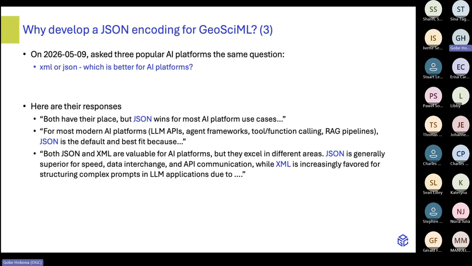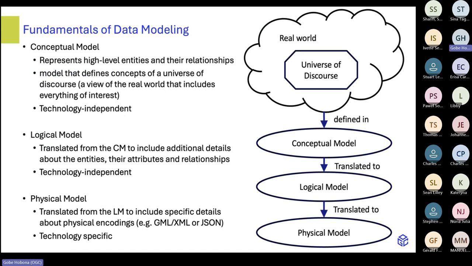JSON is generally superior for speed, while XML is increasingly favored for structuring complex prompts and LLM applications. I thought, actually, these make sense. They are basically a summary of what you get when you review all the various opinions on the web. So there you have it, 3 reasons why it is a good idea to explore a JSON encoding for GeoSciML. So where does that take us?